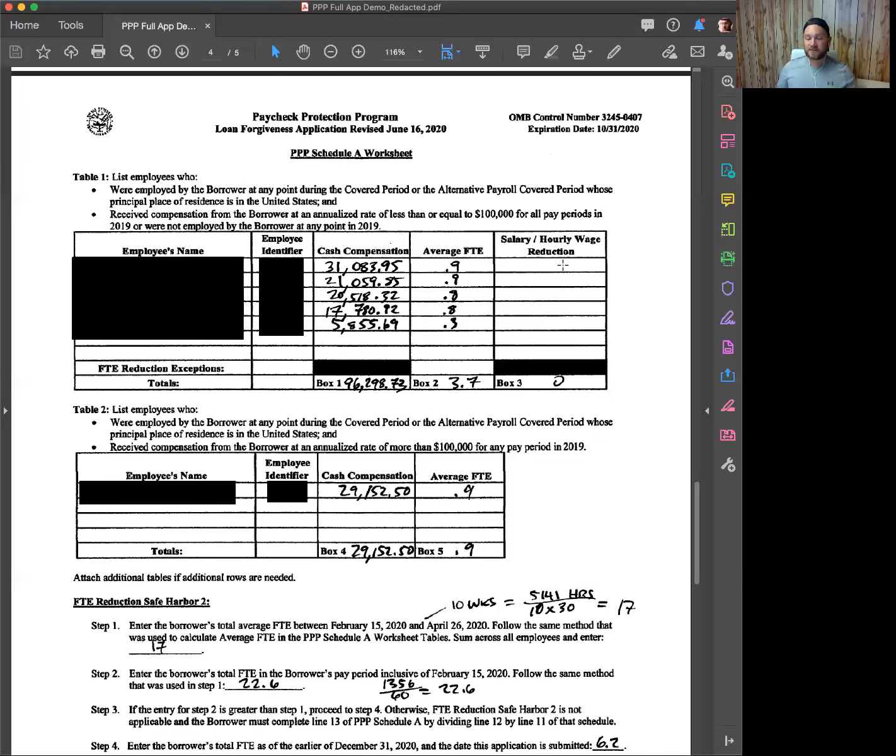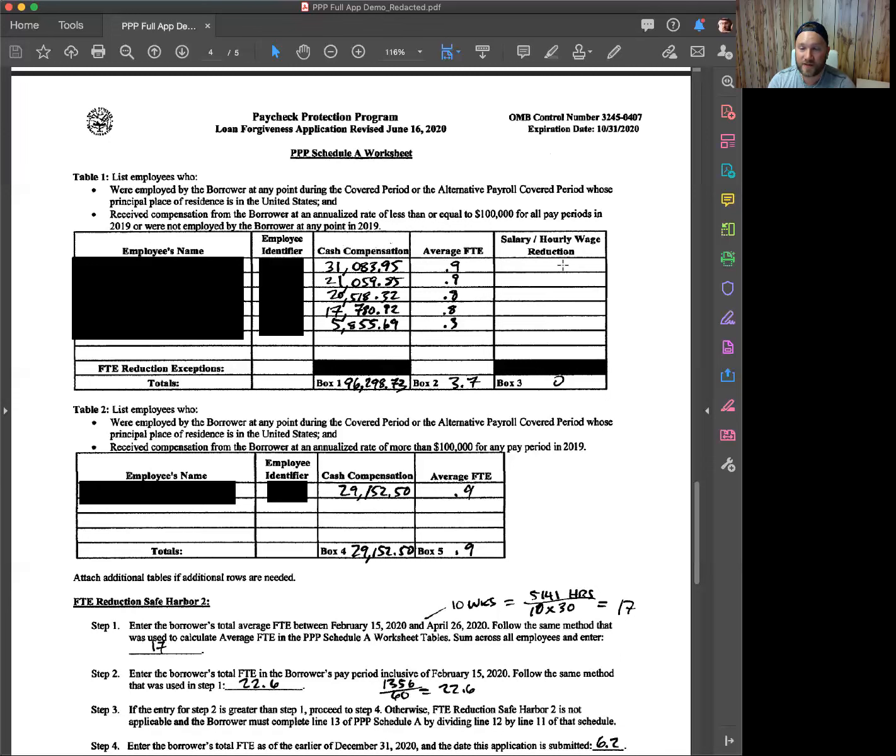Let me slow that down and say it again. If you were paying somebody in Q1 salaried or hourly, and their pay decreased. Either their salaried compensation decreased or their hourly wage was cut, not hours, hourly wage was cut during any subsequent period this year.